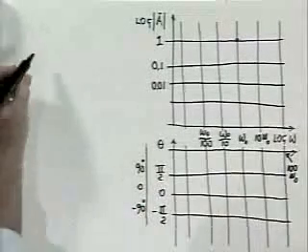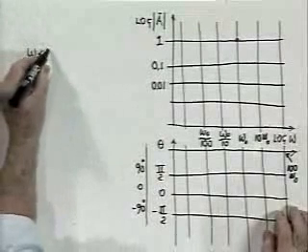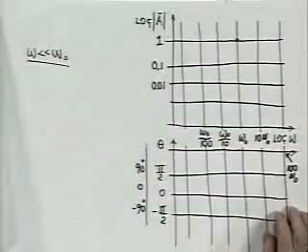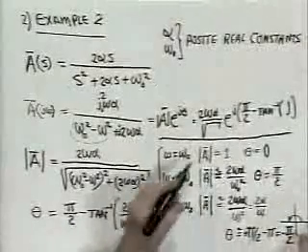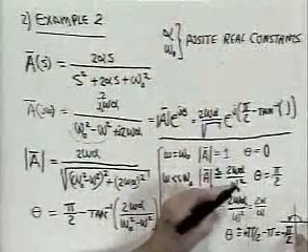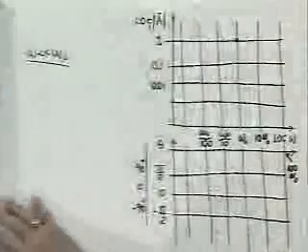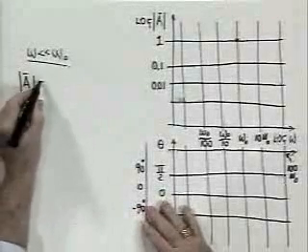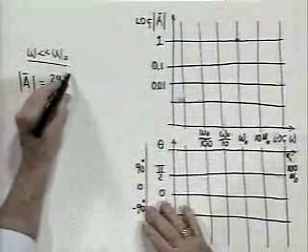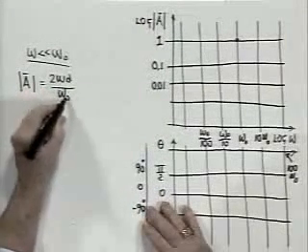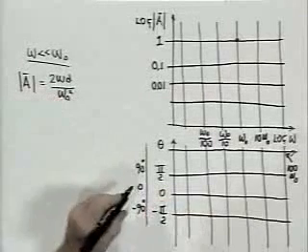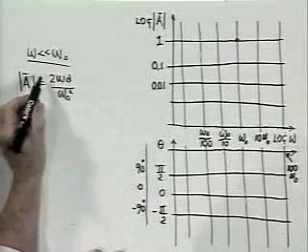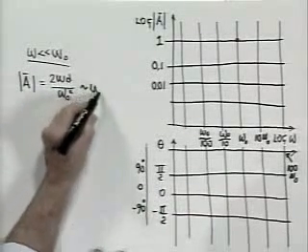For omega less than omega naught, for low frequencies, we have magnitude of A equals 2 omega alpha over omega naught squared. This then is something which is proportional to omega.